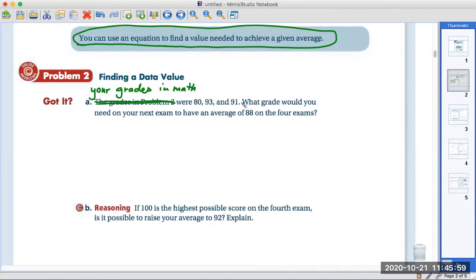We're 80, 93, and 91%, right? In a test. What grade would you need on the next exam? And I'm going to change this average to 90 on the 4 exams. So you have 1, 2, 3 so far. What's the 4th one? The 4th one I'm going to call X.